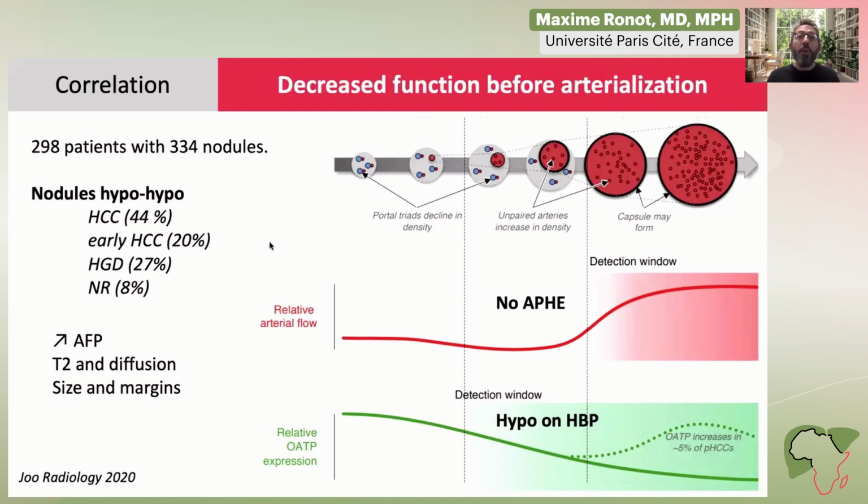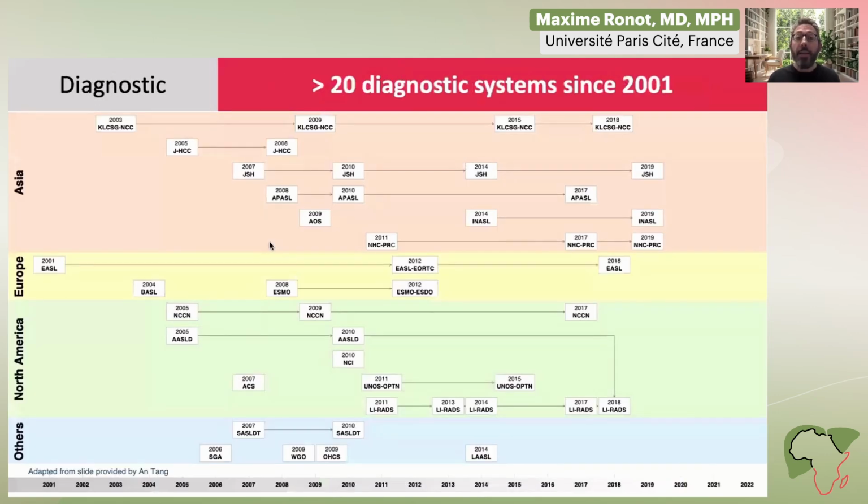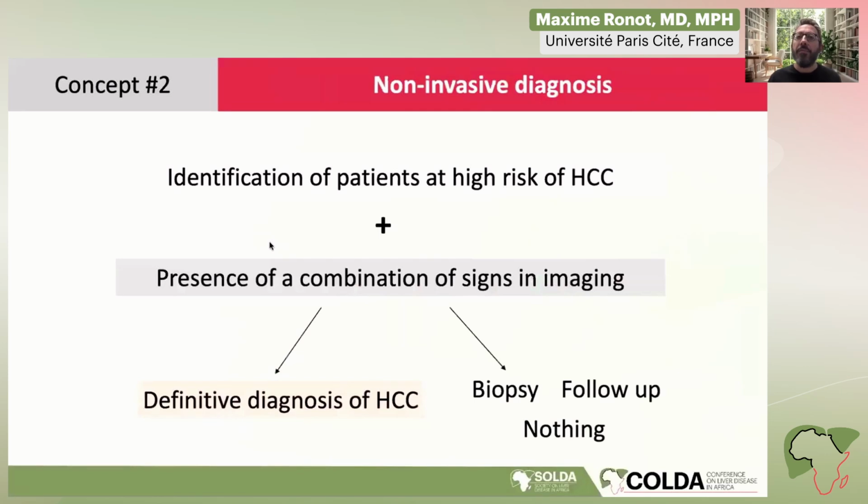and of course, if AFP is elevated, well, this is more in favor of HCC. Now, all of these diagnostic features have been combined in a variety of diagnostic systems since the beginning of the 20th century, and I've listed the most important ones from different continents. And as you can see, we have many, and many are constantly updated. And one common feature of all these diagnostic systems is the concept of non-invasive diagnosis.